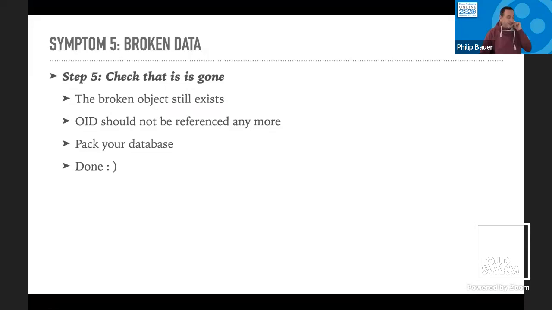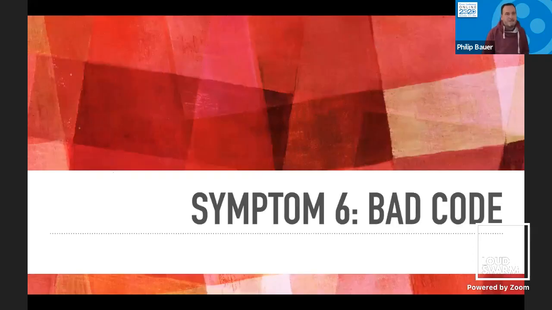Okay, last but not least, I still have a couple of minutes left. I will be done early. The last topic is bad code. I could talk for hours about that, but most of it is so obvious that I don't have to explain anything to you.